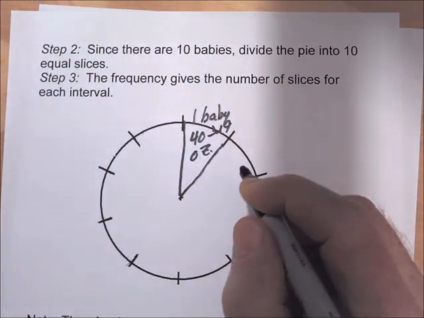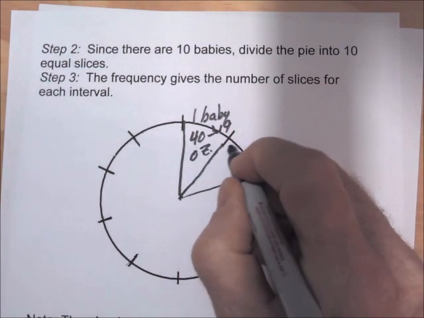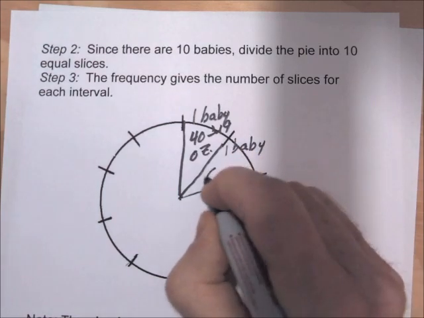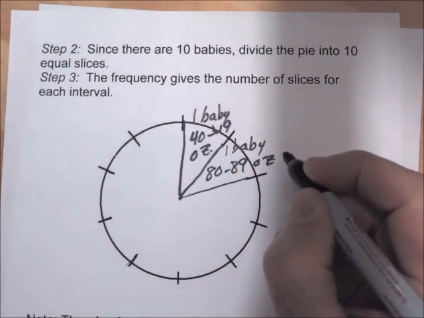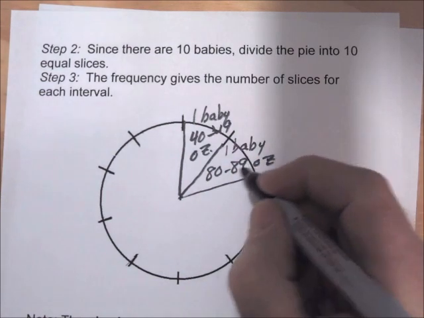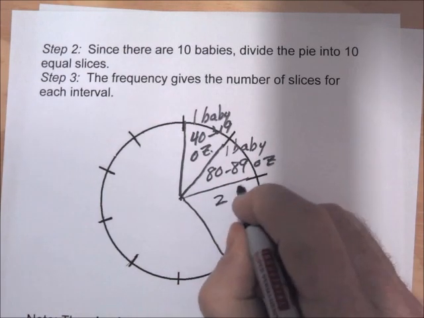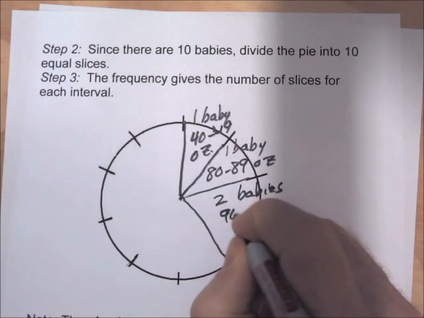And then we had one baby in the 80s. There's another one slice of the pie, one baby, 80 to 89. We have 2 babies in the 90s, so that'll be 2 slices of the pie. 90 to 99.